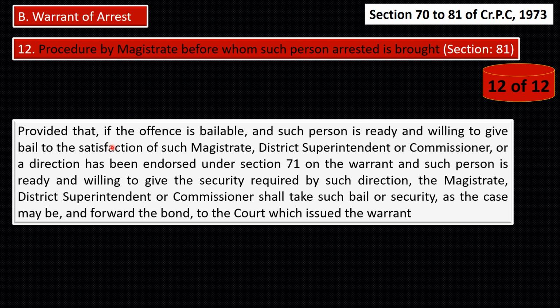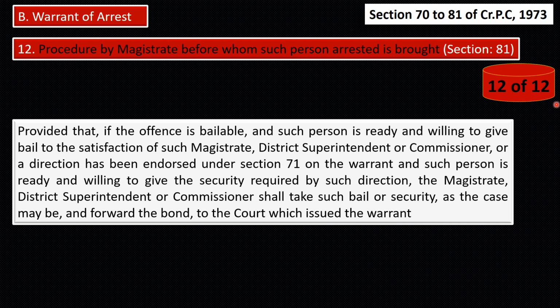Provided that if the offense is bailable and such person is ready and willing to give bail to the satisfaction of such magistrate, DSP or commissioner, or a direction has been endorsed under section 71 on the warrant and such person is ready and willing to give the security required by such direction, the magistrate, DSP or commissioner shall take bail or security as the case may be and forward the bond to the court which issued the warrant.